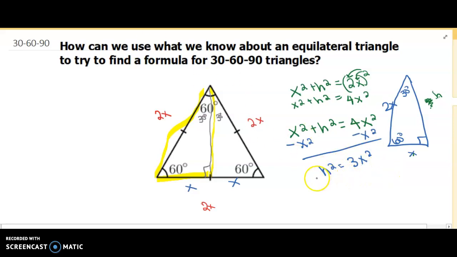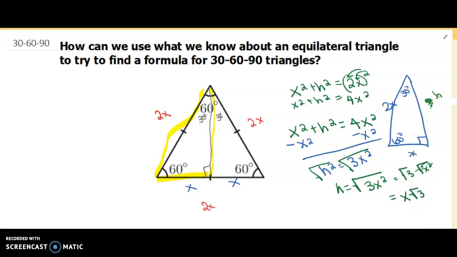To undo a square, you square root it. So I get h equals the square root of 3x squared, which is the square root of 3 times the square root of x squared. The square root of anything squared, those cancel out, so this is just x square root of 3. So h is the same thing as x square root of 3. Now I have all three sides of this triangle in terms of x.